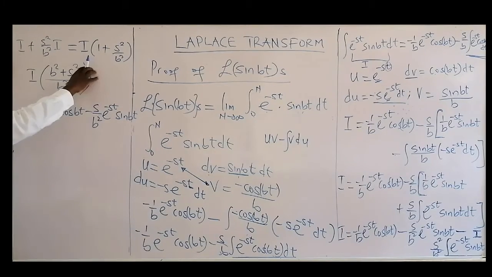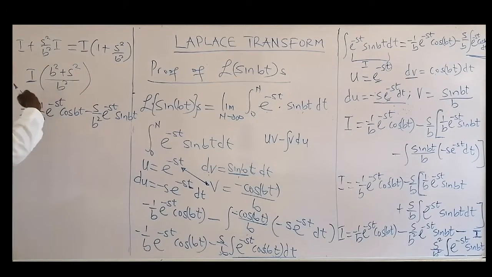So that's what we have now. If we want to remove this fraction so that it will remain I, we want I to stand alone, which is our question, the integral. Then we have to use the inverse of this expression to multiply both sides.